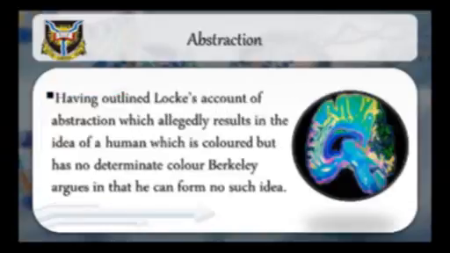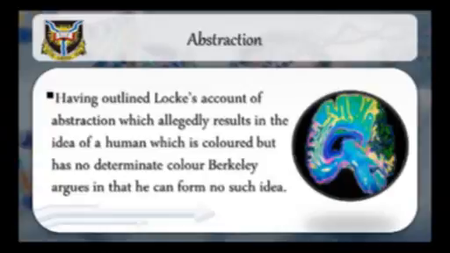Having outlined Locke's account of abstraction in the introduction, which allegedly results in the idea of a human which is colored but has no determinate color, that the idea includes a general idea of color but not a specific color such as black or white or brown or yellow, which has a size but has no determinate size, and so forth.